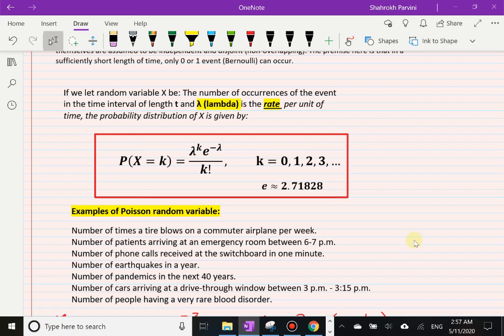Next is the number of phone calls received at the switchboard in a 1 minute time interval. The number of earthquakes in a year. It could be the number of hurricanes, typhoons, or pandemics in the next 40 years. The number of cars arriving at the drive-through window between 3 and 3:15 p.m. I actually have an example I've made up of that one for you. We'll look at that later. And finally, the number of people having a very rare blood disease. All of these random variables follow a Poisson distribution.